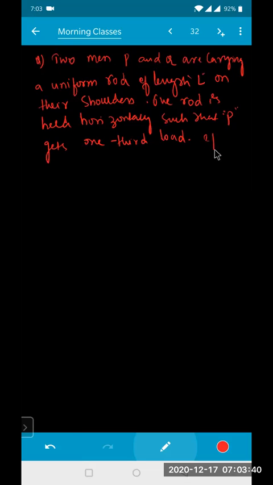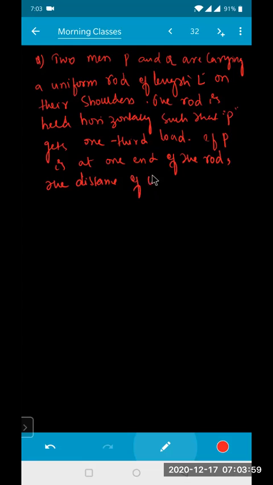First of all, if P is at one end of the rod, the distance of Q from that end is dash.